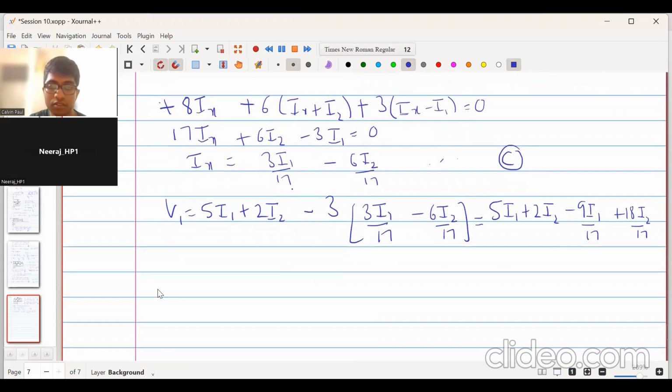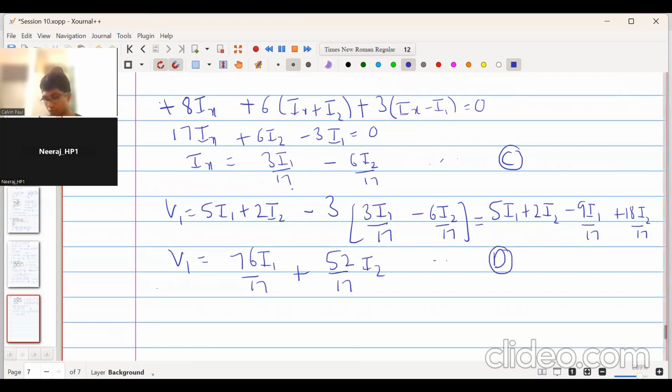When you solve it, you get V1 is equal to 17 into 5 is 85 minus 9 is 76, 76 I1 upon 17, plus 2 into 17 is 34 plus 18 is 52, plus 52 upon 17 I2. This way we get V1 in terms of I1 and I2.